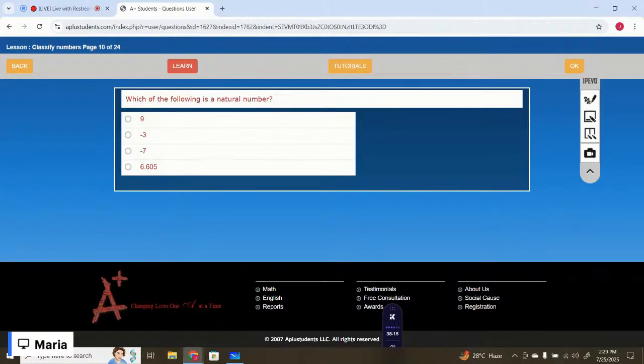Which of the following is a natural number? 9 is a natural number. Option number 1 is the correct option.